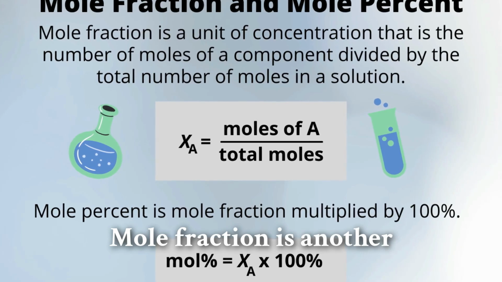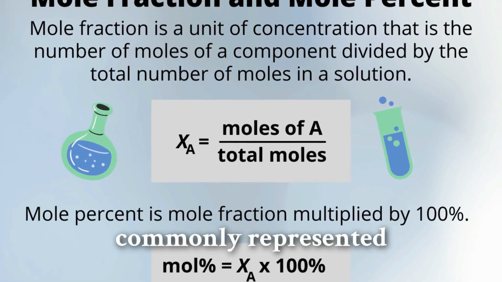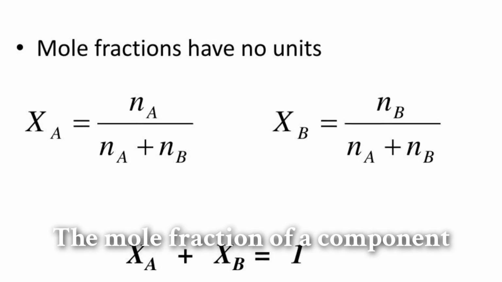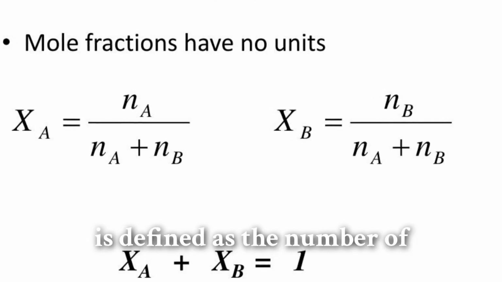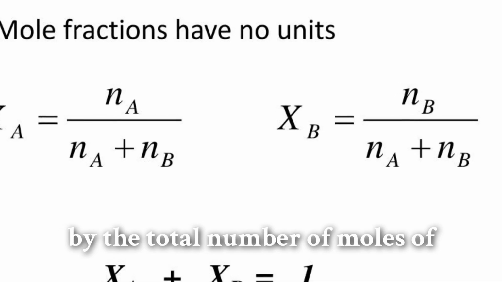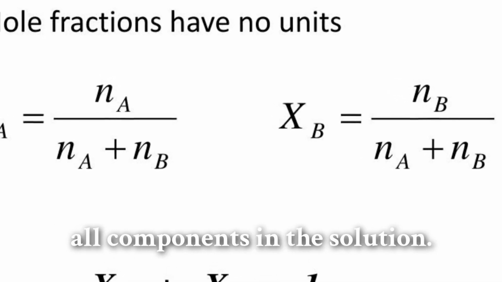Mole fraction is another significant measure, commonly represented by the symbol X. The mole fraction of a component is defined as the number of moles of that component divided by the total number of moles of all components in the solution.